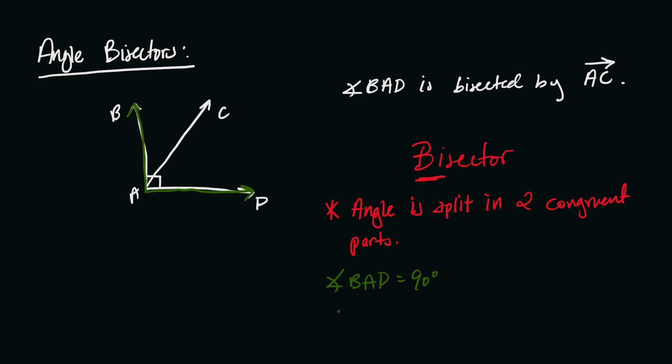And two equal parts would just mean 45 degrees on each of them. So that means that angle BAC, which is leading up to the angle bisector, is 45 degrees, and angle CAD is also 45 degrees because it's split in two.